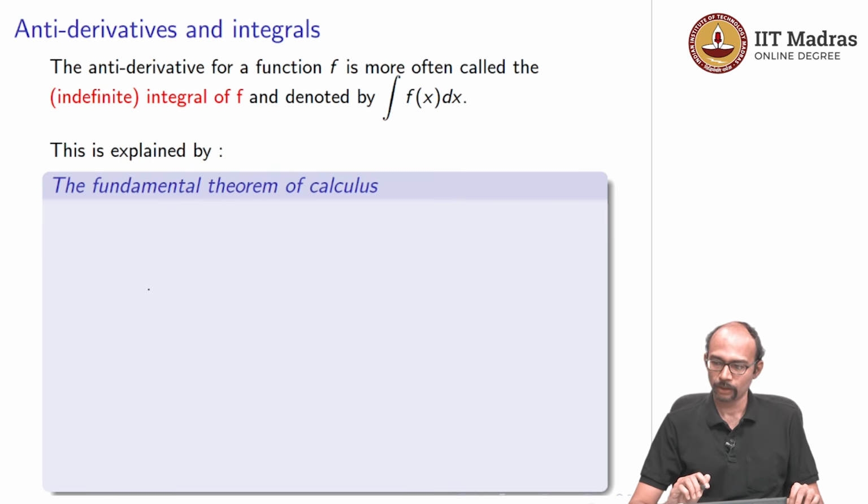Okay. So, why did we call it the integral? Of course, we are aware that there is some connection between these two, and that is explained by something called the fundamental theorem of calculus.